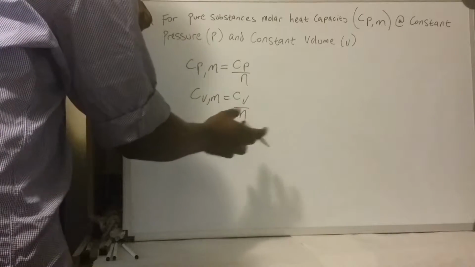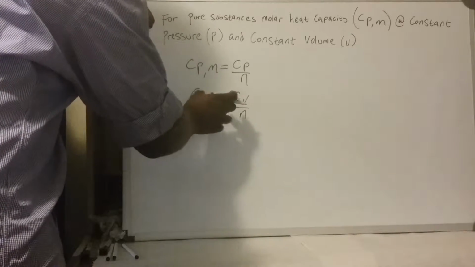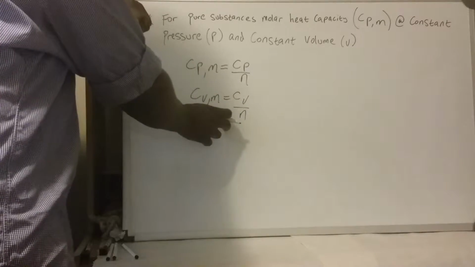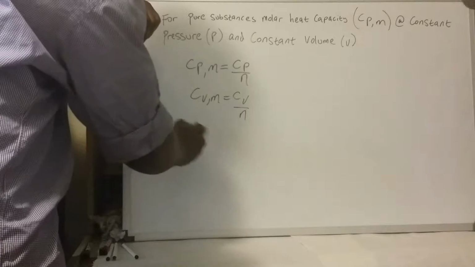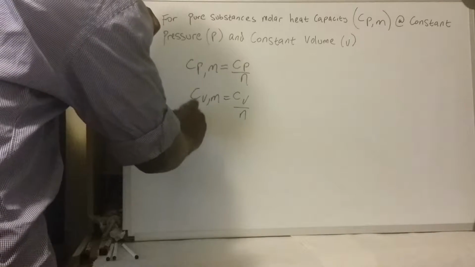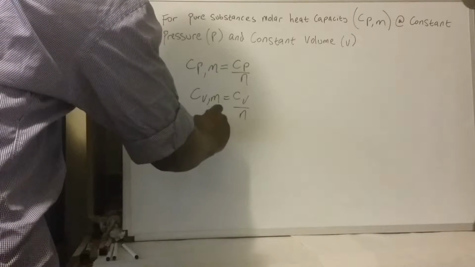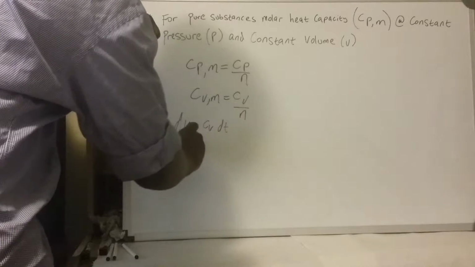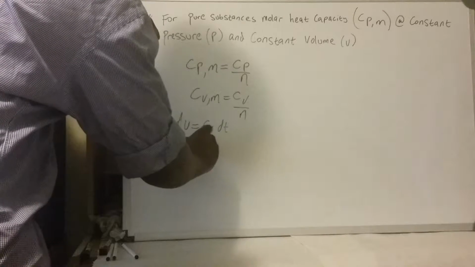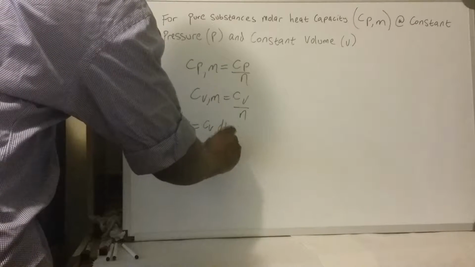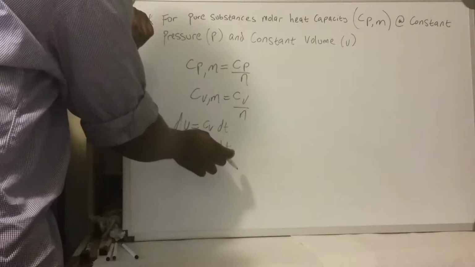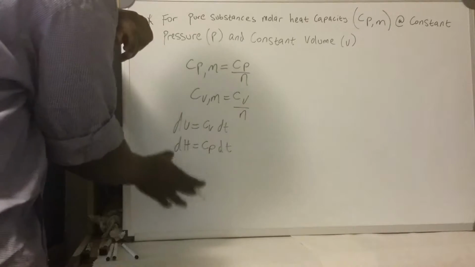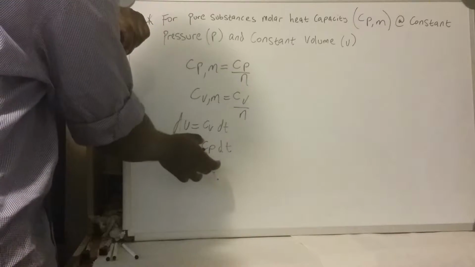And like I said, CPM and CVM depend on temperature change. So like I said, dU equals Cv dT, and dH is equal to Cp dT. These formulas only apply for a perfect gas, and they change only when temperature changes.